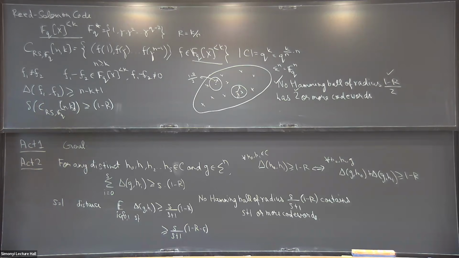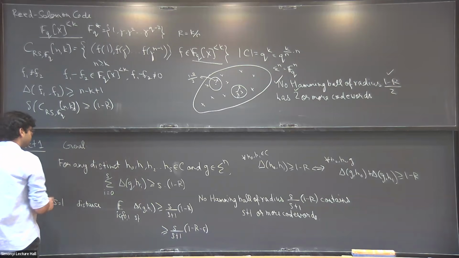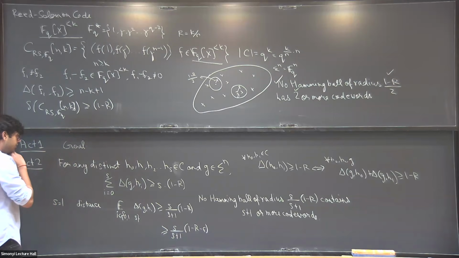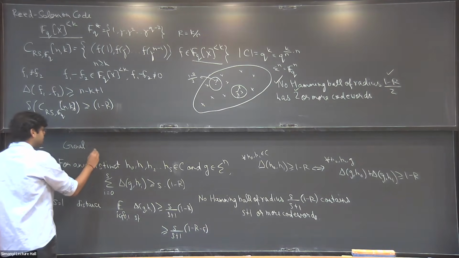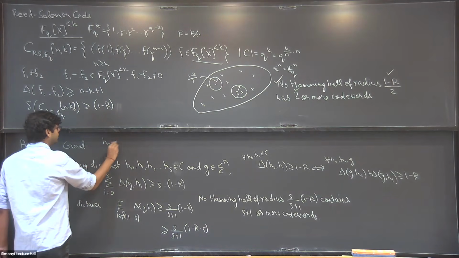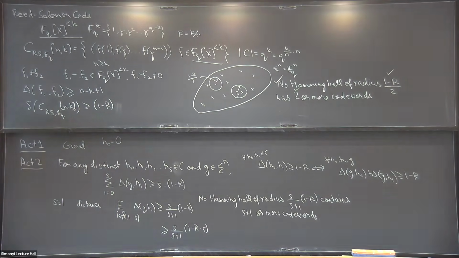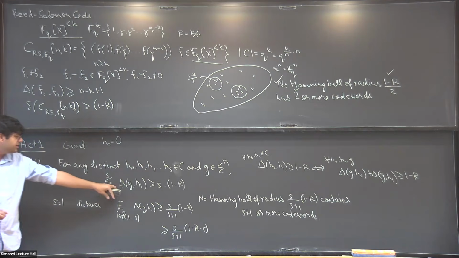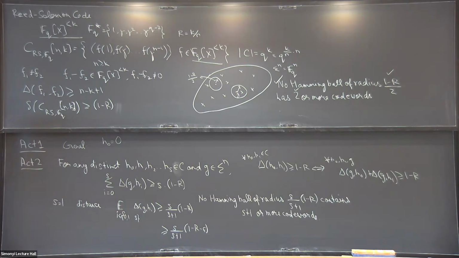Okay, now that I've set out the goal for Act 2, in Act 1, we'll consider the special case where you can always assume H0 is 0 just by shifting all the code words. Every distance is like if you shift each of the entries here by some fixed H0, all the distances don't change.